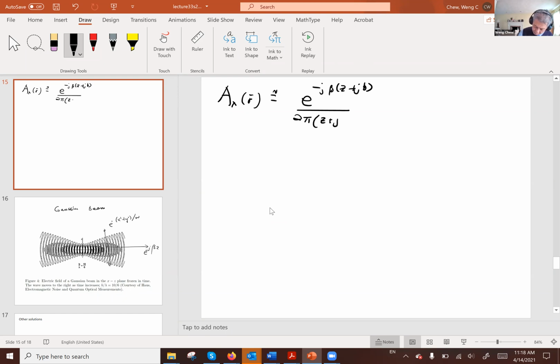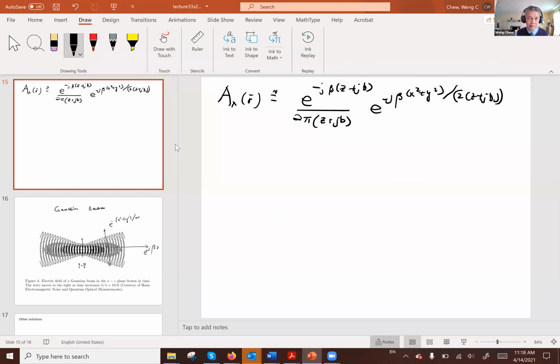Yeah, this is after lots of algebra. You arrive at this expression that the wave function should look something like this, 2z plus jb.